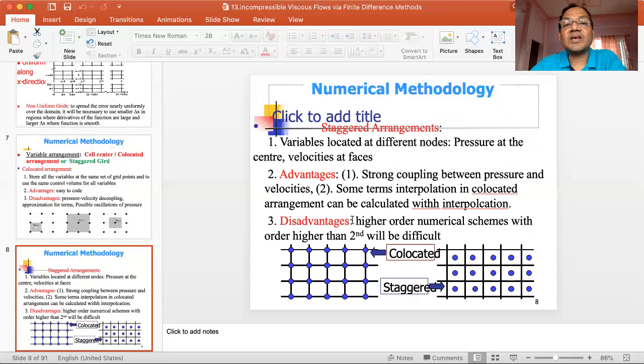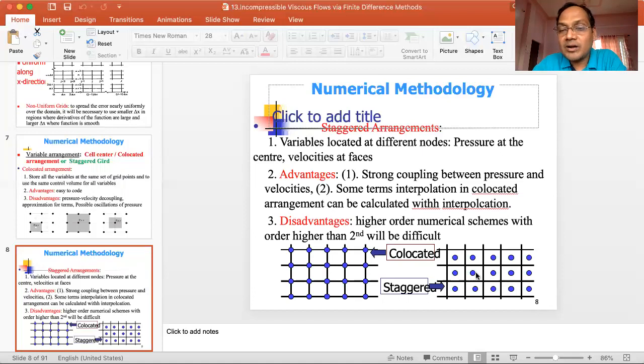The other is the staggered grid. What is a staggered grid? Here, variables are distributed at different places. See here, for the staggered grid, at the center you store pressure or any scalar quantity, and this is your xi, yj, for example.